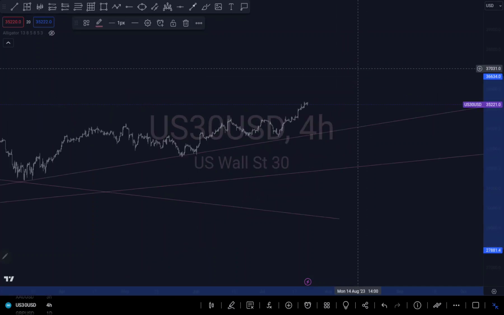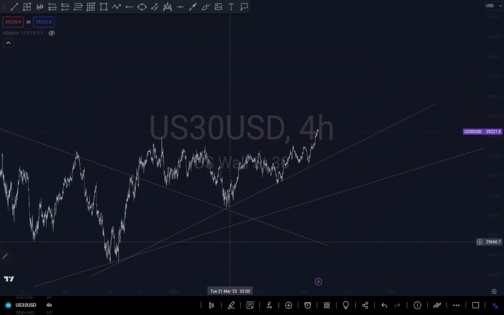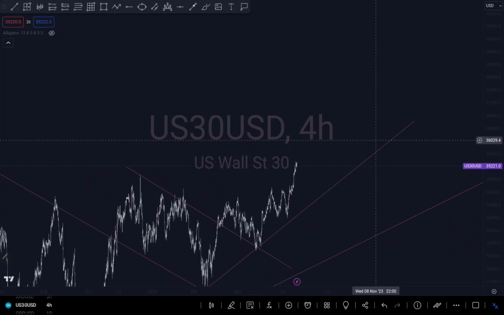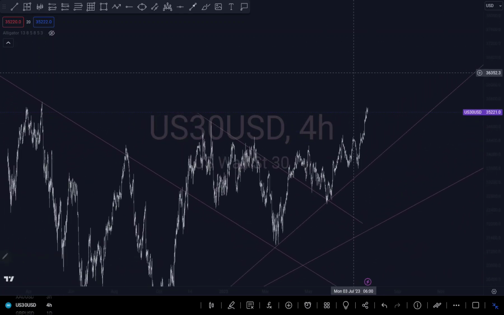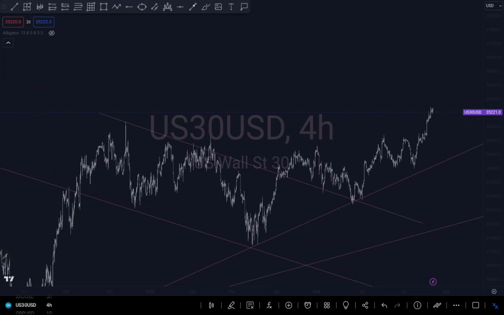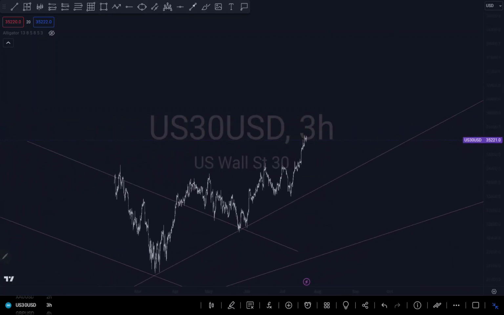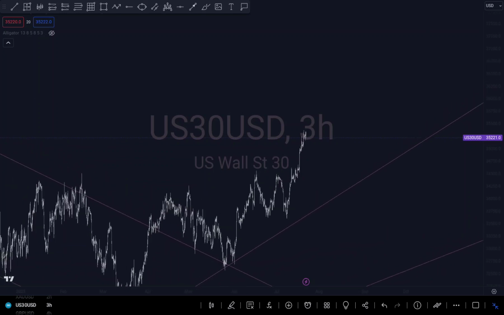Then going to the 4 hour, let's see what the 4 hour does. You can see it simplifies more for us that we are on a buy trend. We can see a break of structure and a retest around that area. Let me see if I can do more on a smaller time frame.